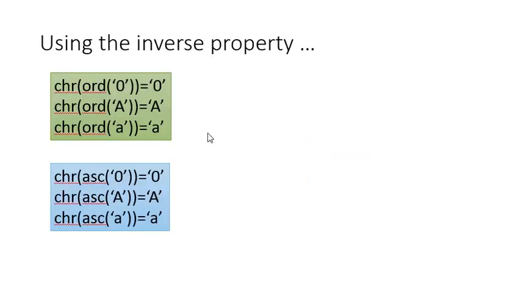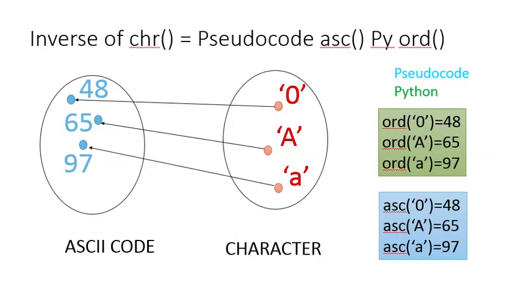Now, what we've learned from functions and inverse functions is that if I nest a call of a function and its inverse, I just get what I started with. So you don't need to be a rocket scientist to work out what's going to go on here. This ord of 0 is really just going to give me back the value of, let's remind ourselves, 48.